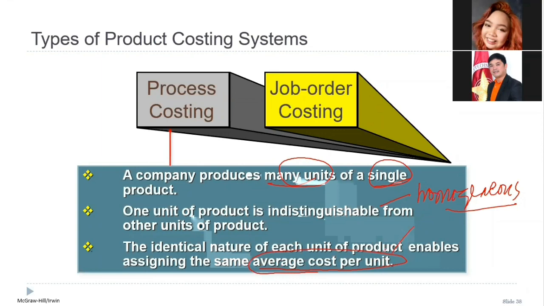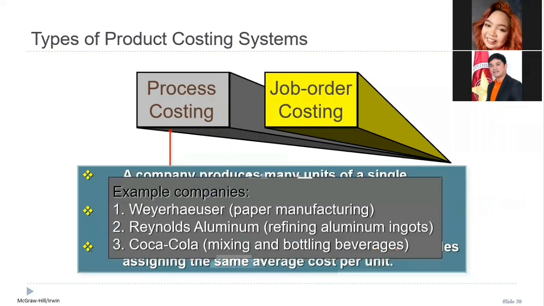Okay, so an example of company, ito yung isang paper manufacturing company. Hindi ako sigurado on how we pronounce this correctly, pero ito ay isang paper manufacturing company. So when we think of paper manufacturing, we generally think about continuous production of a single roll ng paper that may eventually be cut into sizes.